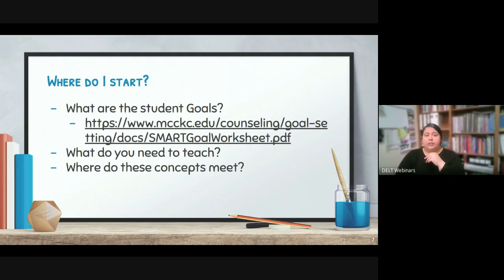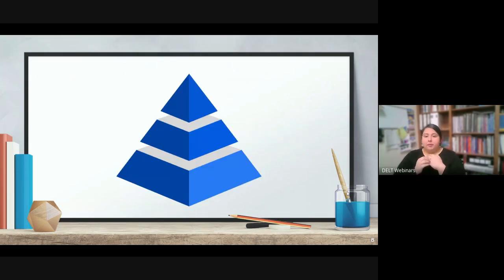Okay. So I did this quick little pyramid, and it's a surprise pyramid. I love my pyramids, okay? But you want to think about this as scaffolding, all built on each other. You have to build one concept onto the other. So the first one is you need to know the student goals. If you don't have a goal for the students, you can teach them anything, but it won't be relevant to them. And so we need to know, where are the students' needs?